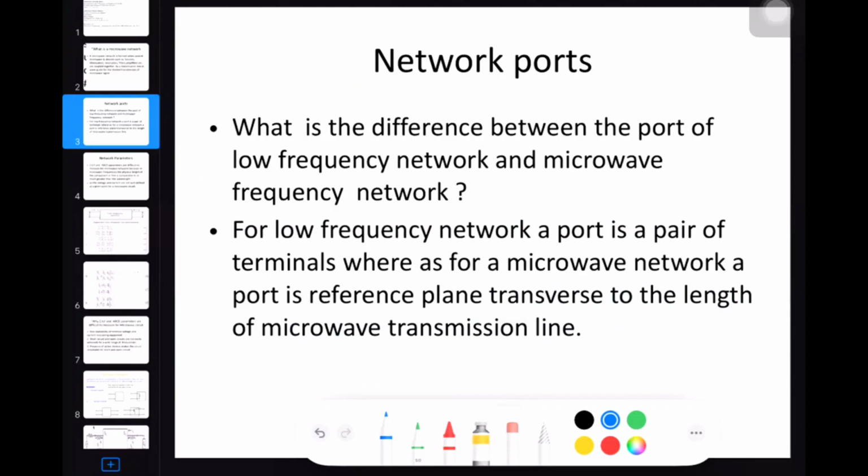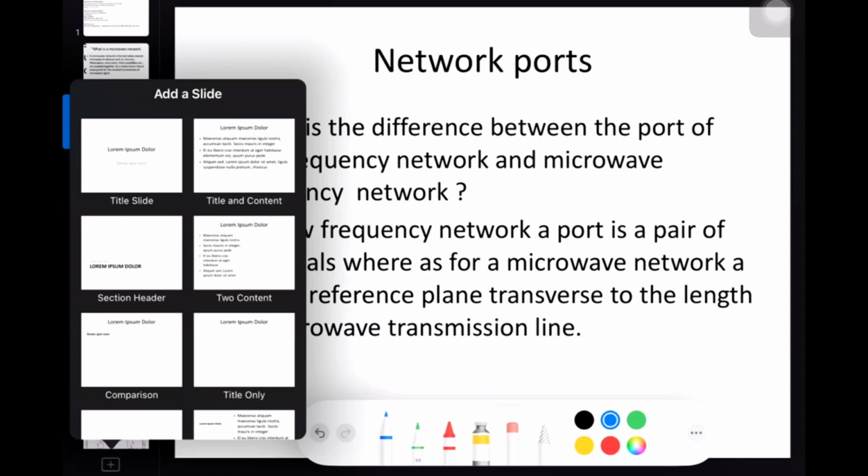Next, what is the difference between the port of a low frequency network and a microwave frequency network?